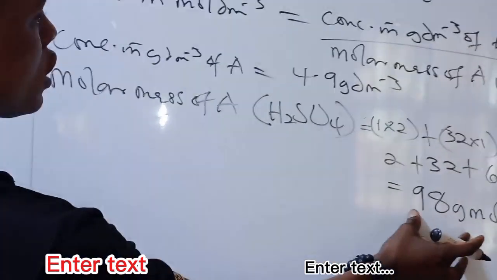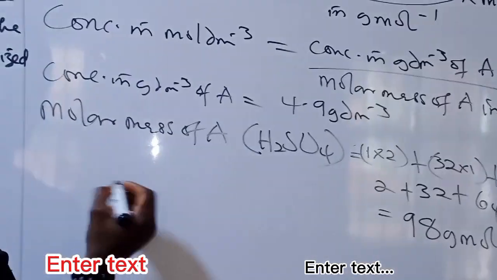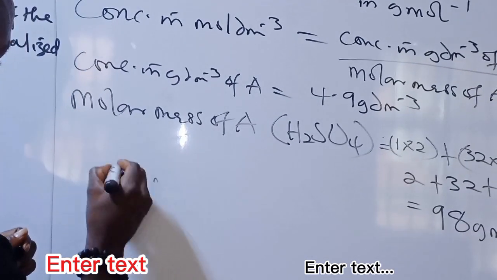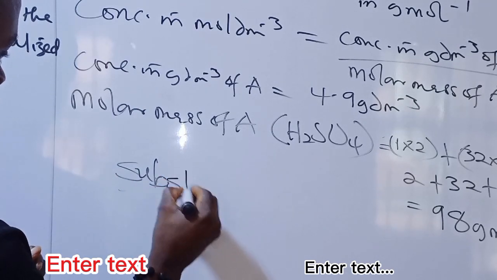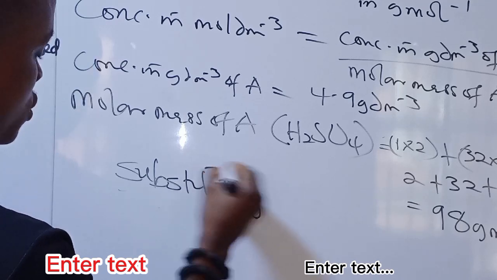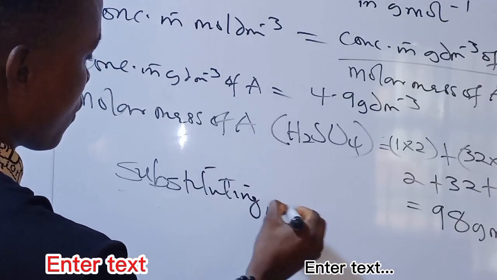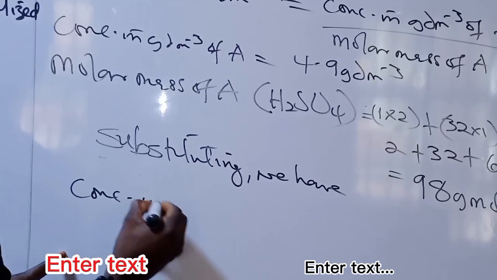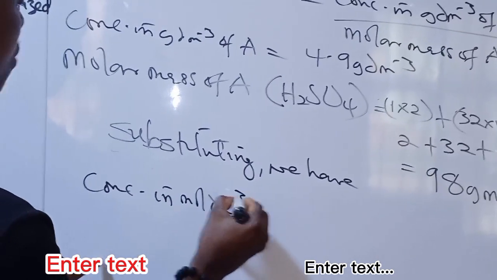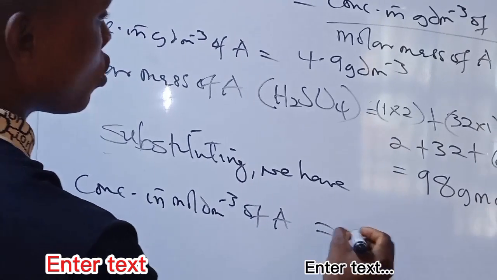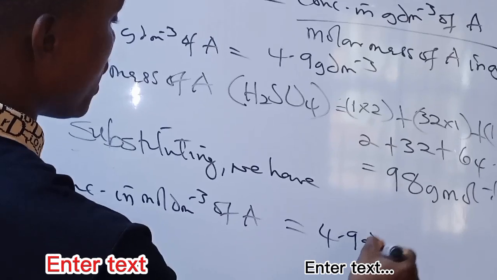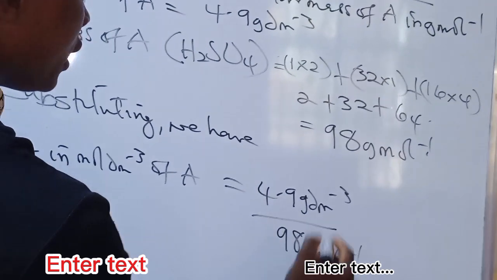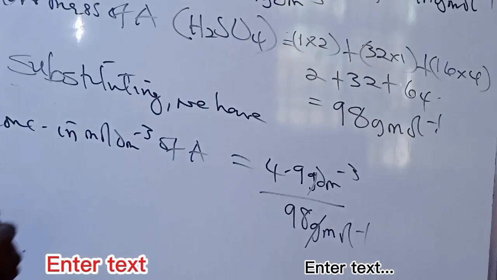Then we can now input these two values into this equation. If we do that, substituting, we have that concentration in moles per dm cube of A will be equal to 4.9 grams per dm cube divided by 98 grams per mole. Then grams will cancel grams, right?